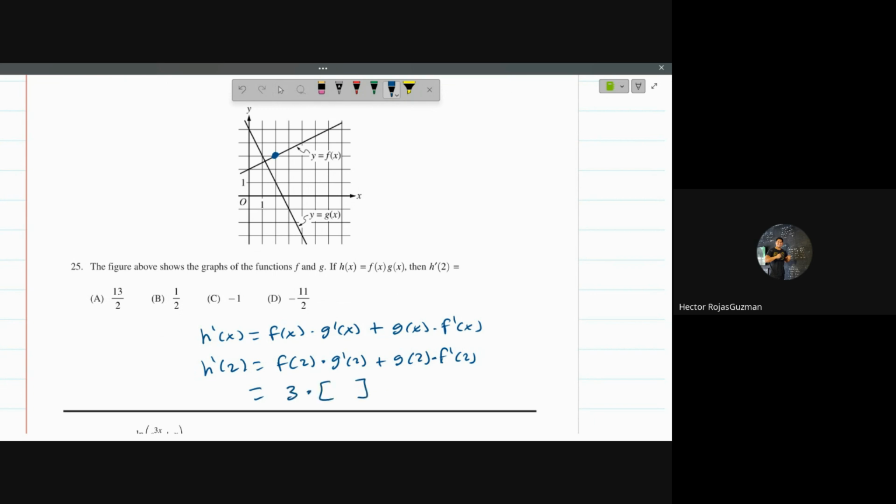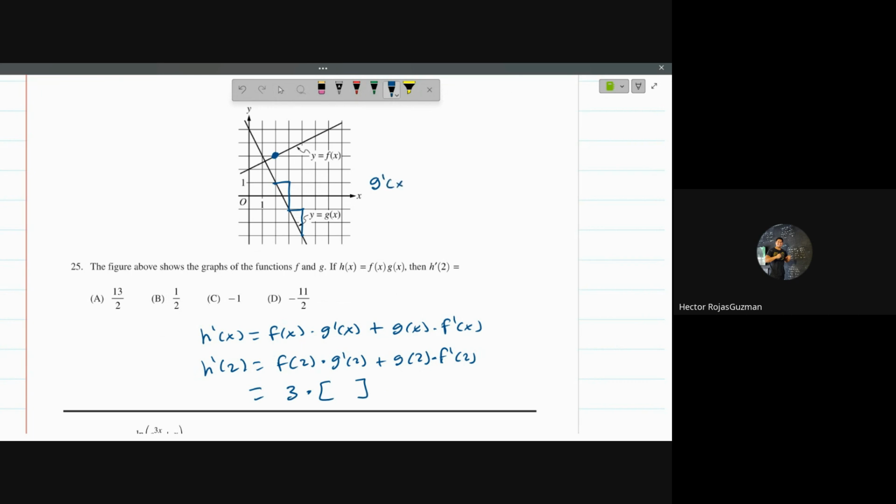G prime of 2 is the slope. So the slope is 1, 1, 2. Is it constant though? Yeah, because it's a linear function, of course.